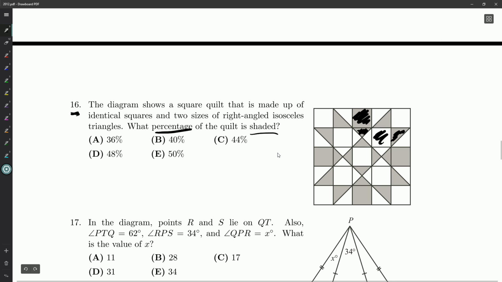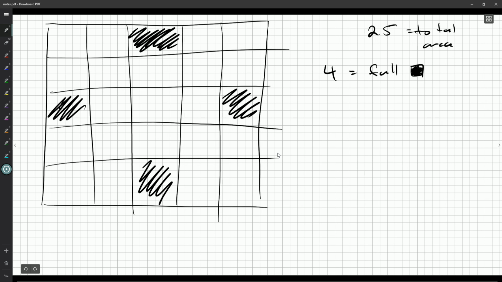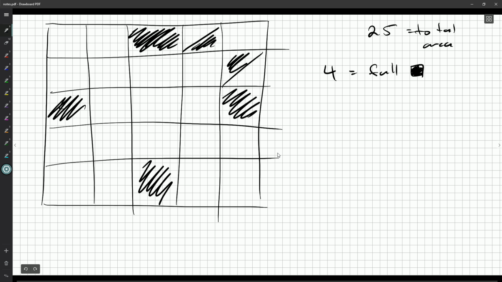The bigger ones. 1, 2, 3, 4, 5, 6, 7, 8. And each of them is worth half a square. I'm shading them in that way. So 8 of them, and they're worth half a square.